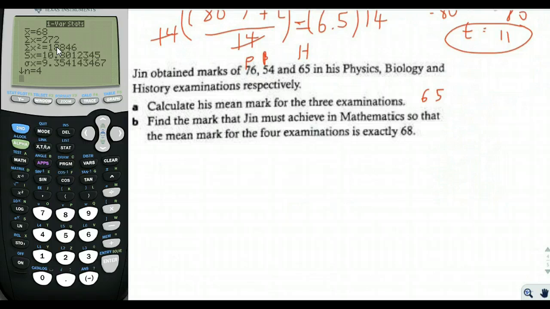So x bar is 68 here. Oh, we got it. So we guessed that if the math score was 77, that it would give us a 68. And we did that just by guessing a few numbers. I guessed like 75, then I guessed 78, and then I guessed 77. Okay, so guessing 3 or 4 times, I got the right answer.